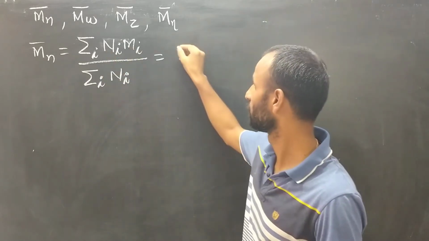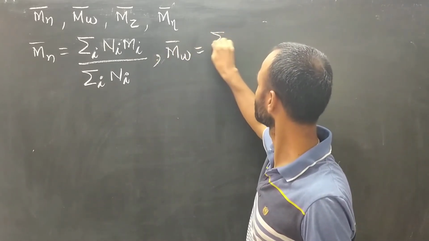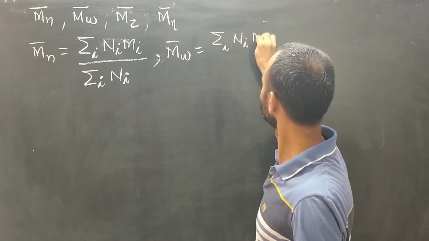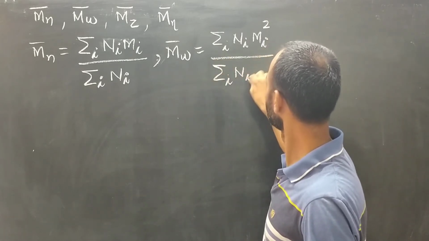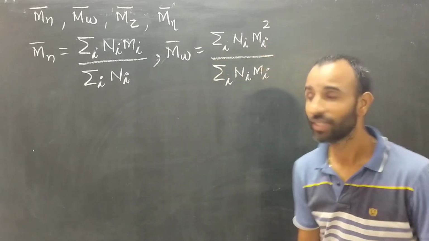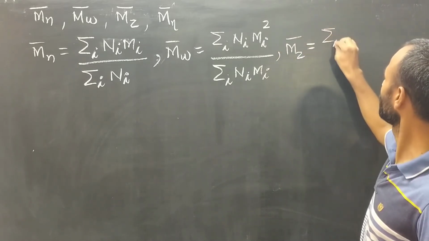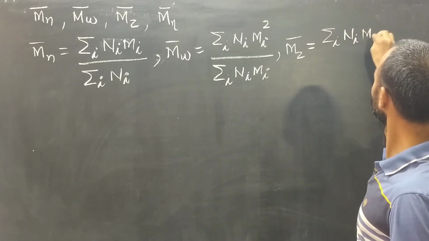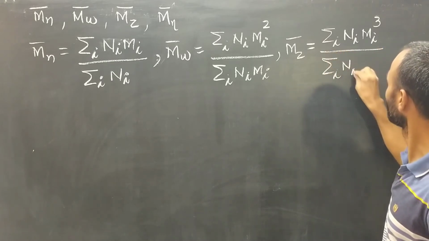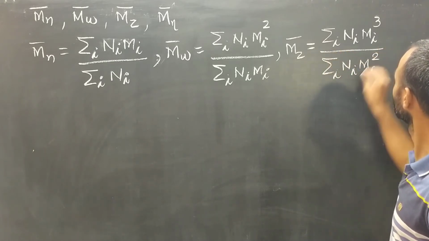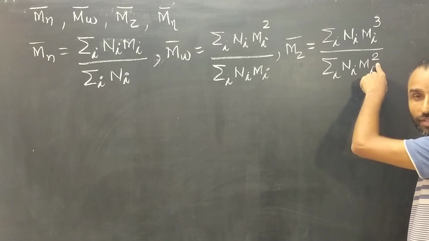Weight average is the summation of Ni Mi square divided by the summation of Ni Mi. Z average is the summation of Ni Mi cube over the summation of Ni Mi square, and so on, and likewise Z plus 1.